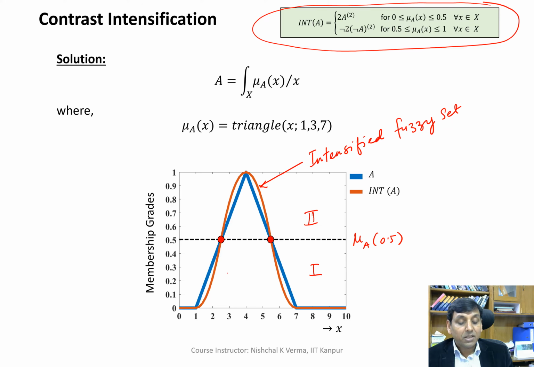This is shown by a red color fuzzy set. Now we have found another fuzzy set, the intensified fuzzy set, let's say B.